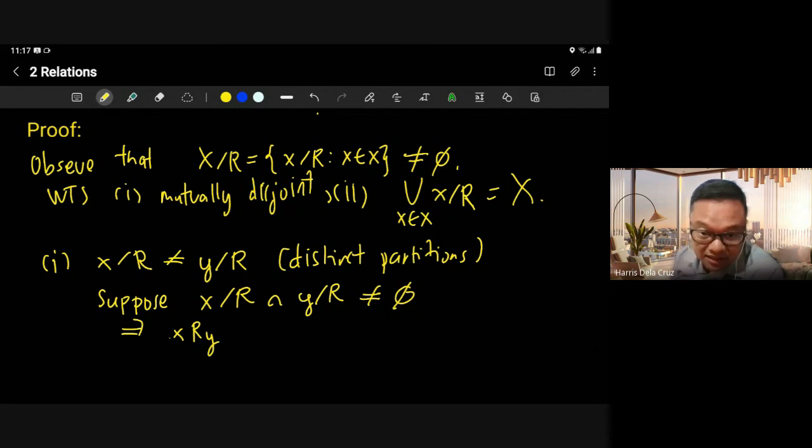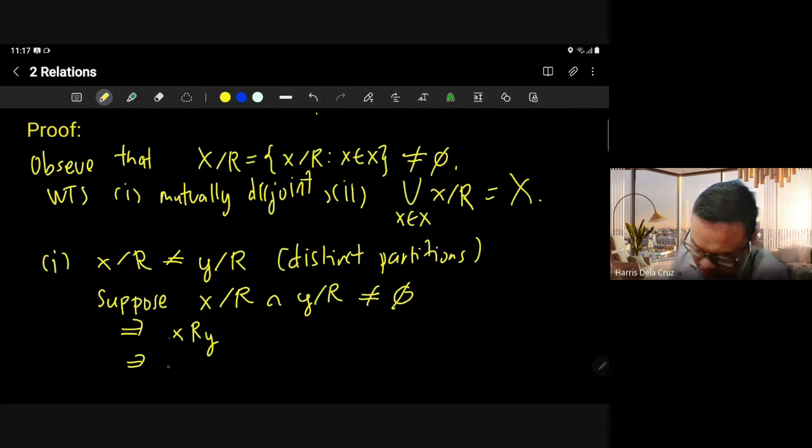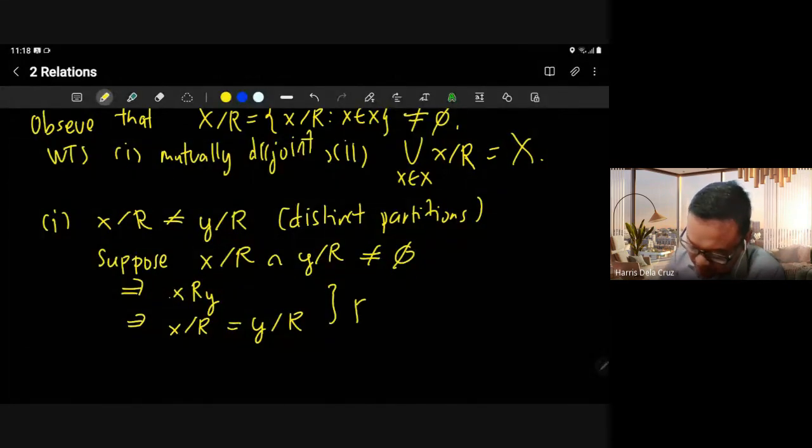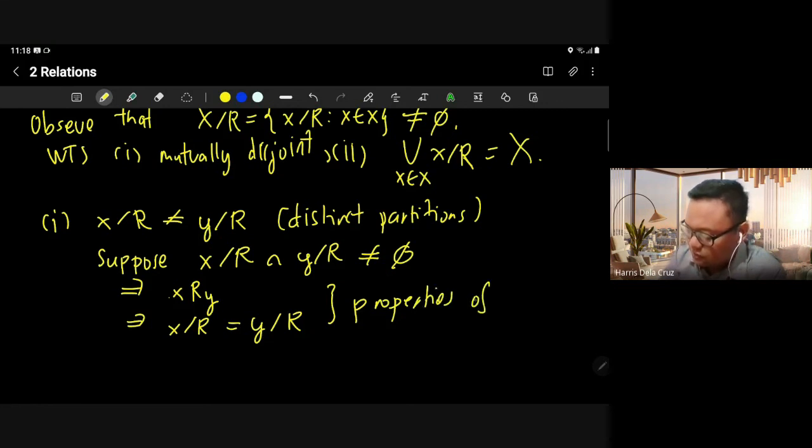Pero pag ang x related kay y, ito ang ibig sabihin nun, si x over r must be the same as y over r. Tama? Again, these are the properties of x over r.